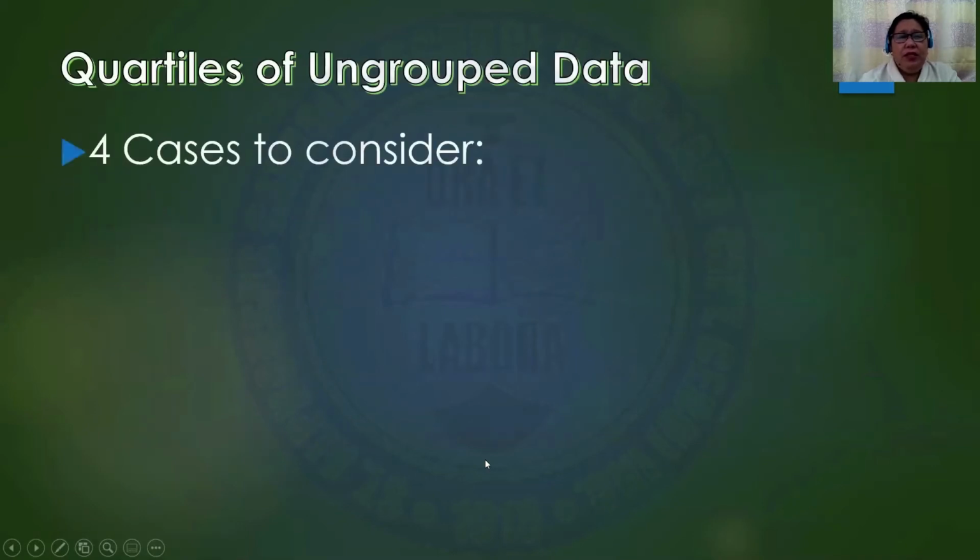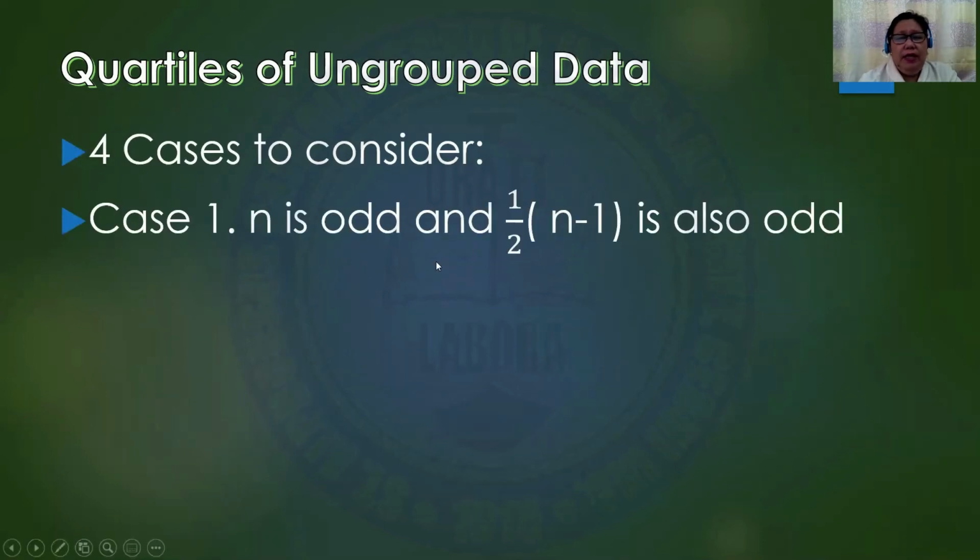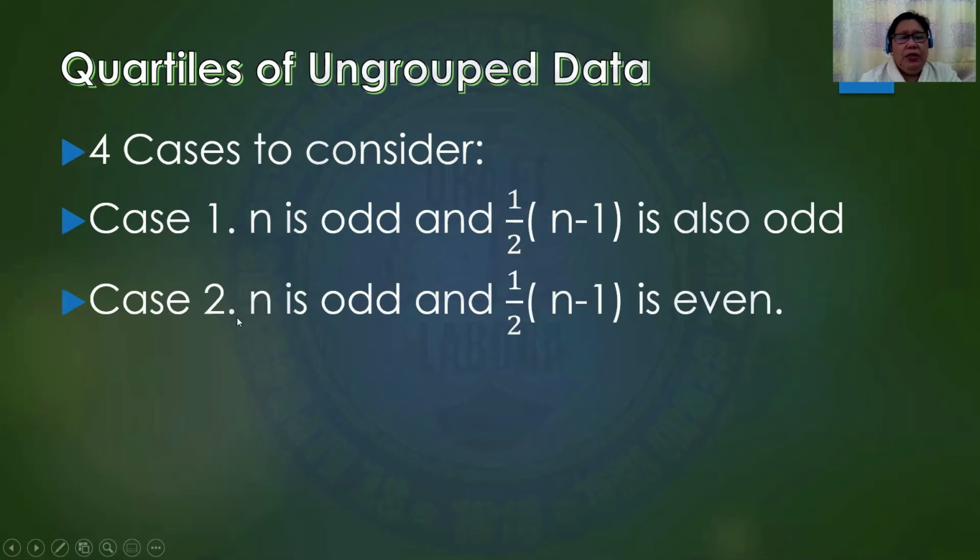We have to consider four cases. For case 1, n is odd and 1/2 of the quantity n minus 1 is also an odd number. For case 2, n is odd and 1/2 times the quantity n minus 1 is even.